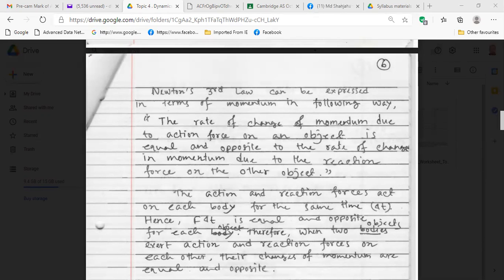It's very important. Sometimes it's very common in that lots of definitions are coming. It might be possible that the third law might also come, and you might be asked to state this one in terms of momentum. So it's important to learn the definitions and statements.